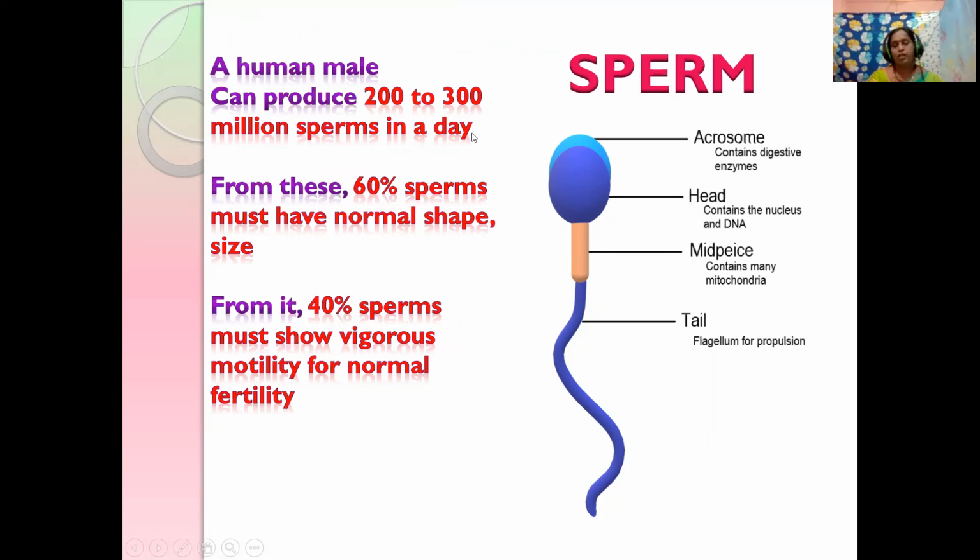When so many millions are released, are all able to enter the egg? No. Of these, only 60% of sperms have normal shape and size, and of that, only 40% have vigorous motility for normal fertility.